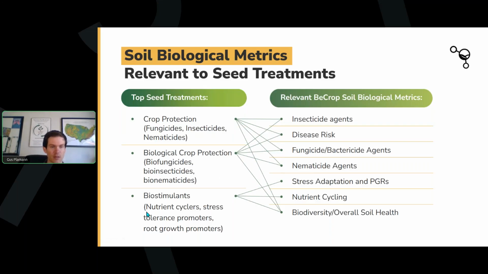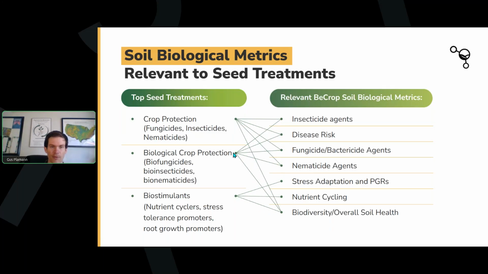And then biostimulants, and that includes biofertilizers, nutrient cycling microbes, mycorrhizae, stress tolerance promoters, root growth promoters. Those stress adaptation and phytohormone producing microbes are ultimately going to dictate whether or not that's a yield limiting factor when going to select a seed treatment.